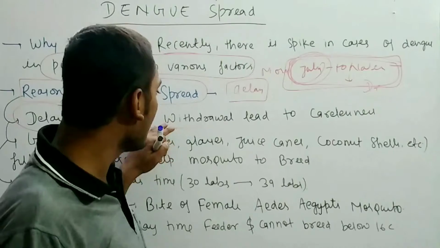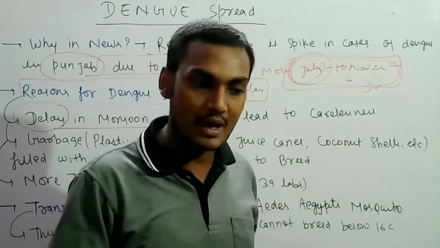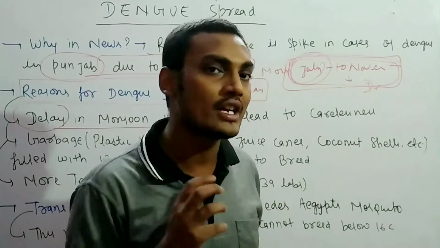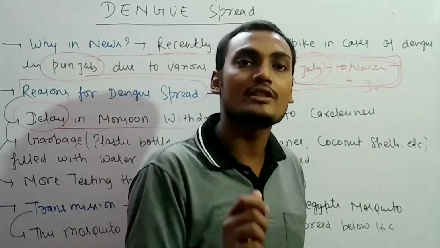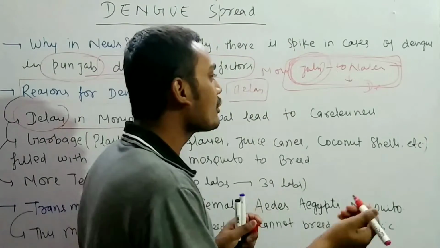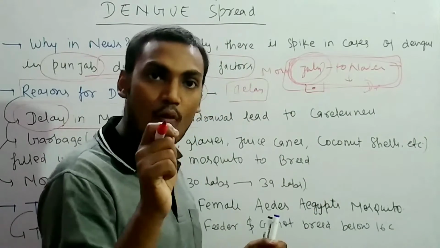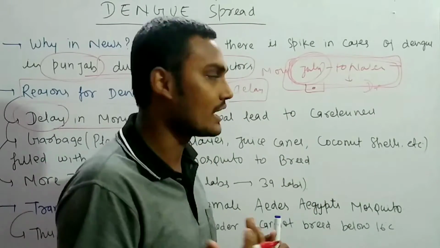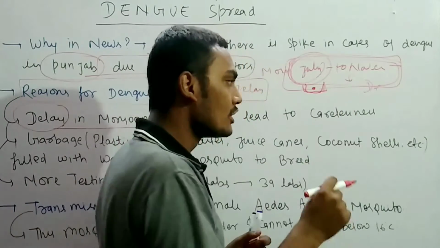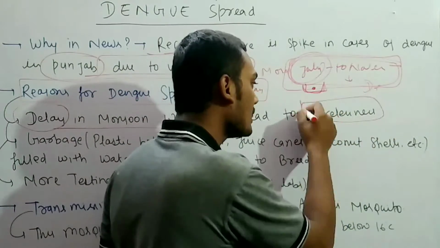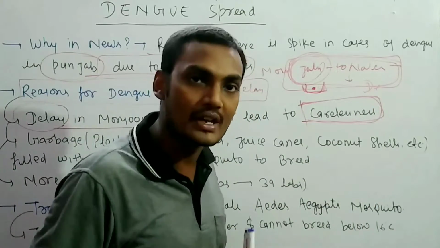But due to the delay in monsoon withdrawal, people became careless about their surroundings, and that led to storage of water around them, and that led to the spike in dengue. When there is storage of water somewhere, whether pure or dirty, it becomes a breeding area, and that breeding area contains dengue. So this carelessness of the people during the delayed monsoon led to the dengue spike in Punjab.